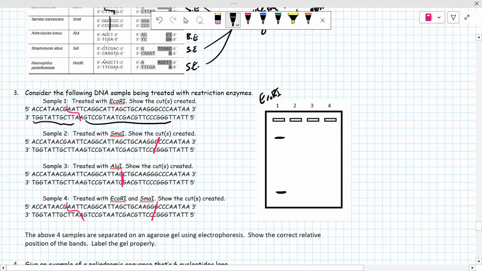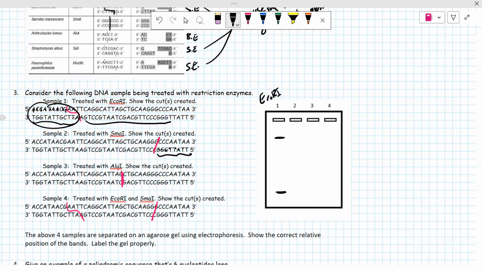All right, next we're gonna do SmaI. And we have 2 cuts. And I'm gonna compare this fragment here, that's like 1, 2, 3, 4, 5, 6, 7, 8, to this one here, which is like 1, 2, 3, 4, 5, 6, 7, 8, 9. And then it has a little bit of a longer thing here. So they are similar in size, but slightly shorter.